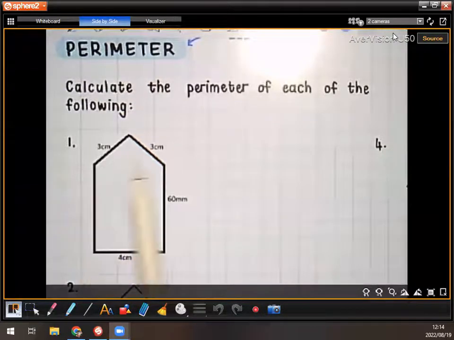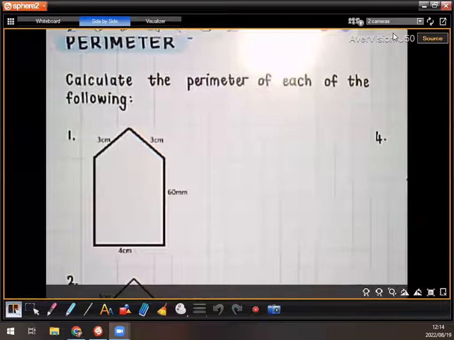So that's 3 centimeters, 3 centimeters, 4 centimeters at the bottom, and then 60 millimeters. You don't have to draw to scale, just do the shape and put in the values. It's fine.